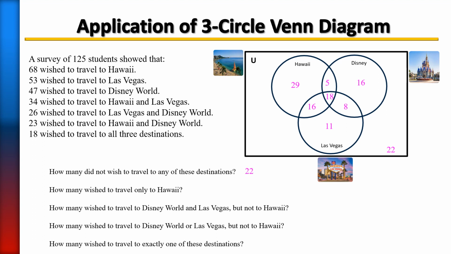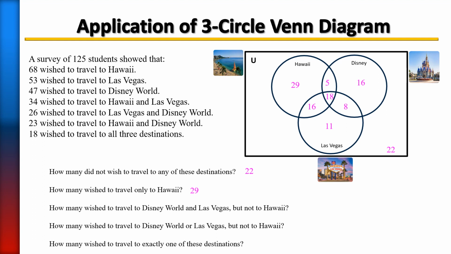Moving on to number 2. How many wish to travel only to Hawaii? So remember, only are those outer regions. For Las Vegas, the only would be the 11. For Disney, the only would be the 16. And what we want is the only for Hawaii, and that would be 29.